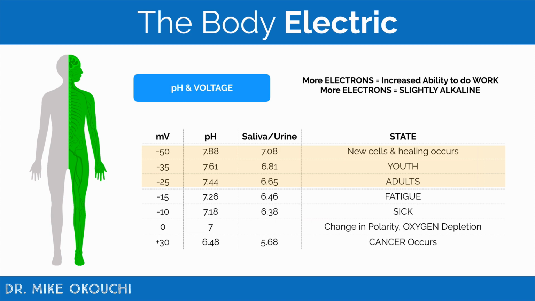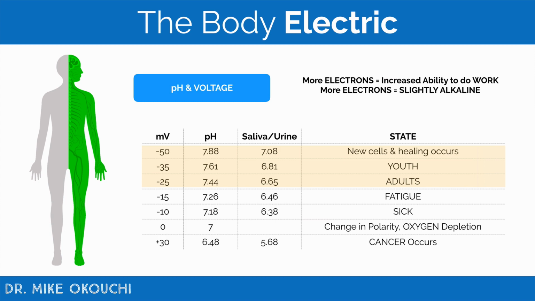And more voltage means more work. What does this actually mean? Well, it means that if you needed to do more work, you needed to have more voltage. Essentially, you needed to be in an alkaline state.